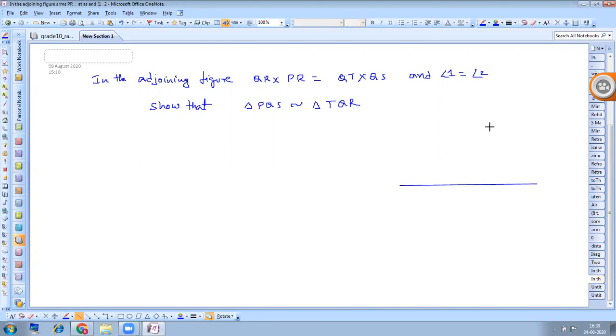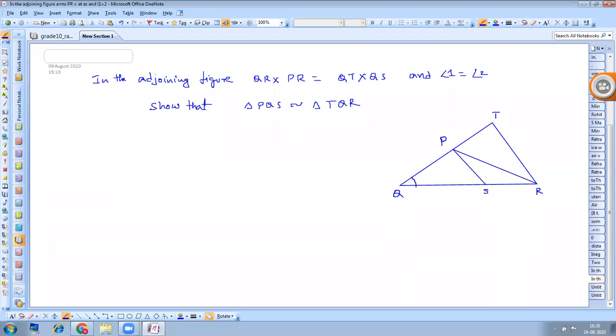The triangle is like this. The given diagram related to this question is like this. TQR. This is TQR. PS.